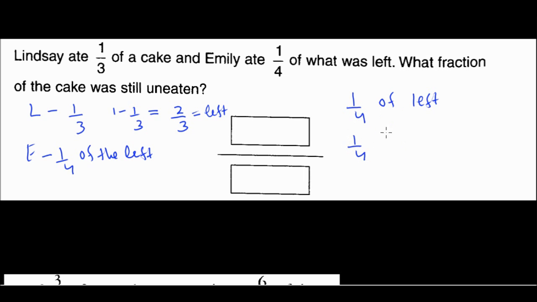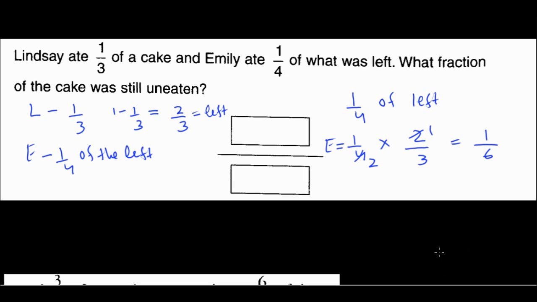So when I take out "of", I put up multiplication. What's left is 2/3. Let's simplify this. 2 times 1, 2 times 2, and I'll have 1 over 2 times 3 is 6. Okay. So this is what Emily ate. Emily ate 1/6. Lindsay ate 1/3.